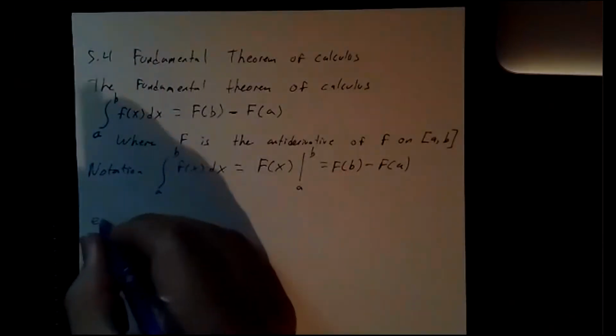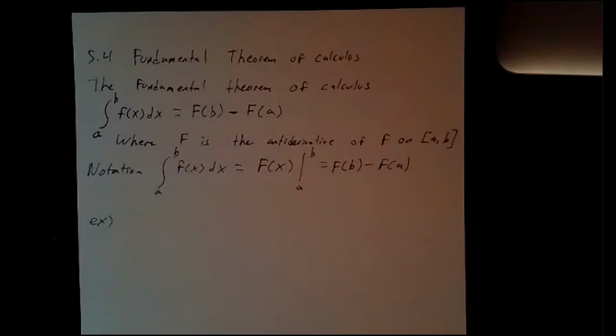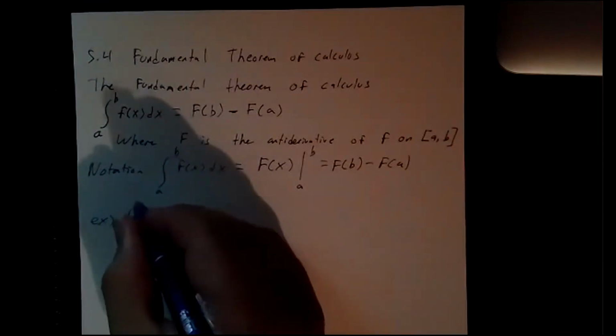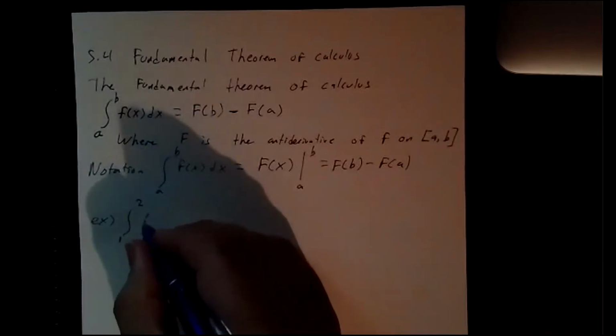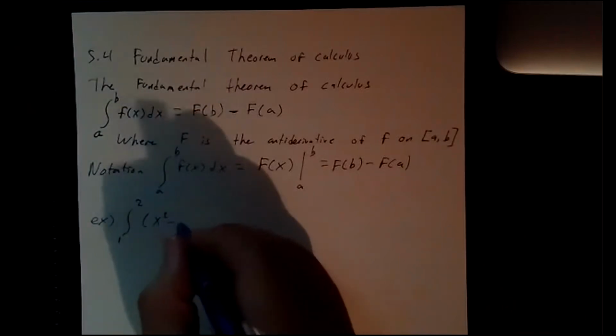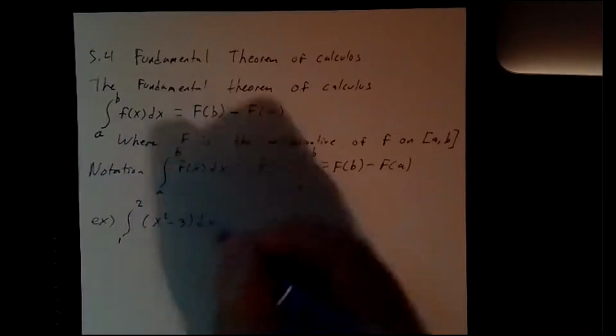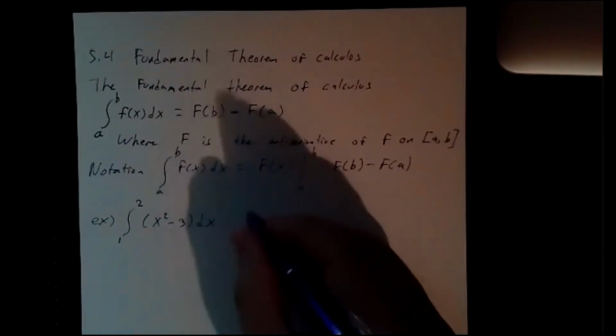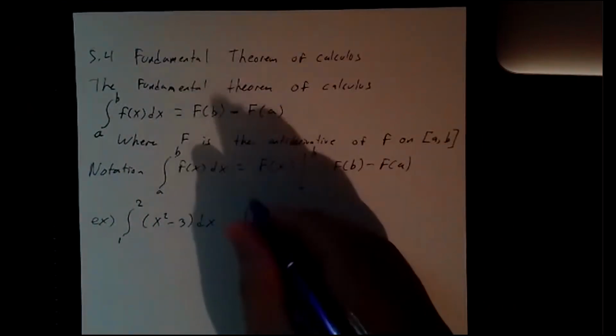So let's do an example. The integral from 1 to 2 of the function x squared minus 3 dx. So you're going to have to separate them. Remember, we said we can integrate things separately, right?